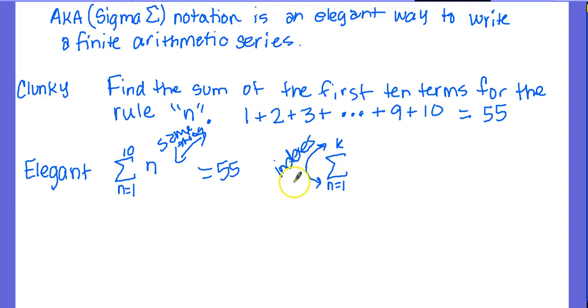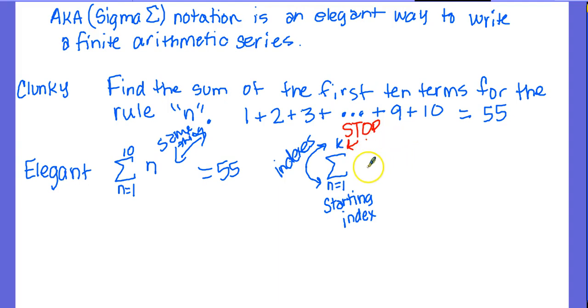Either one is a proper plural for index. Your bottom index is your lowest index, and it's your starting index. So you're going to plug in a 1, and then a 2, and then a 3, and then a 4 until you get to whatever k equals. Maybe it's 5, maybe it's 10, maybe it's 100. This one up here is your stopping index. So you stop at that number that you plug in.